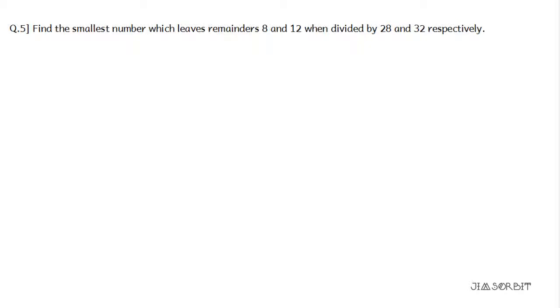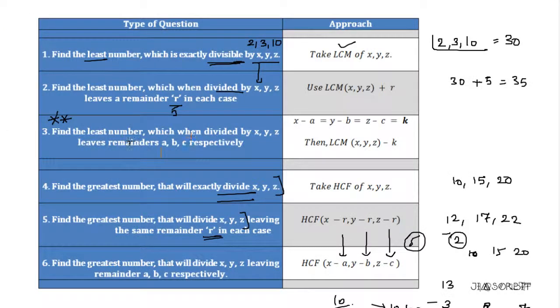Here comes the utmost typical problem. It says, find the smallest number which leaves remainders 8 and 12 when divided by 28 and 32. Now you just come back here and see what was the rule. If a number is least and it is divided by some numbers, you have to check whether the difference of this x and the remainder for each number pair is the same or not.